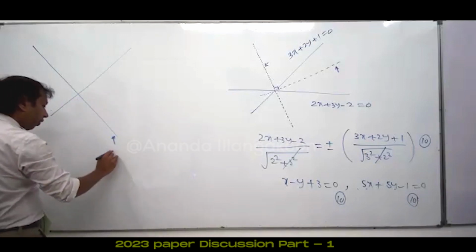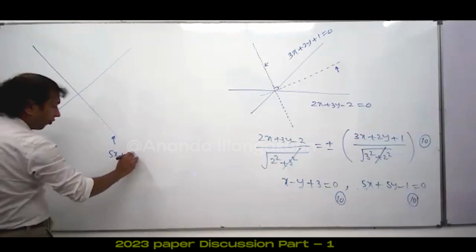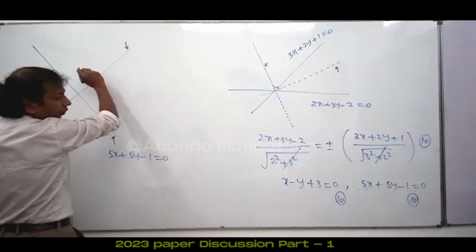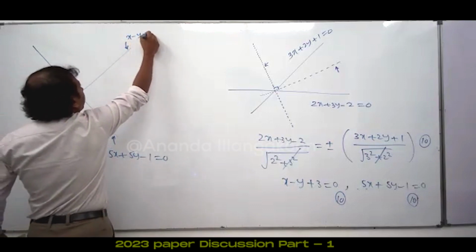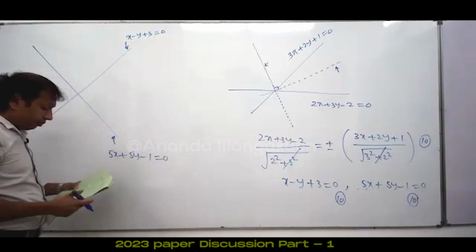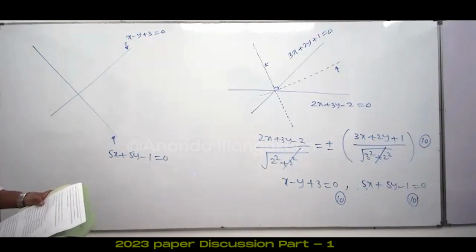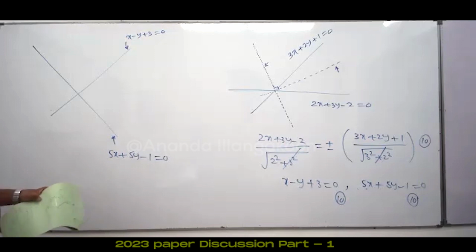Line is 5x plus 5y minus 1 equals 0. This one is x minus y plus 3 equals 0. Now, what is the question given? Find the equations of the angle bisectors. Two sides of a square lie on the angle bisectors between the lines this and this. One vertex of the square is 1, 4.